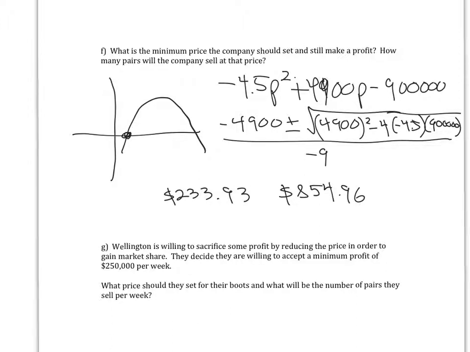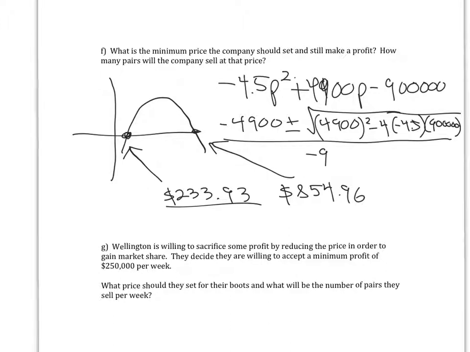So this price right here represents the lowest point at which we can still break even, and this would represent the highest price we could set. So at this price, we're selling a lot, but we are not making much profit from each, but we'll still at least break even.